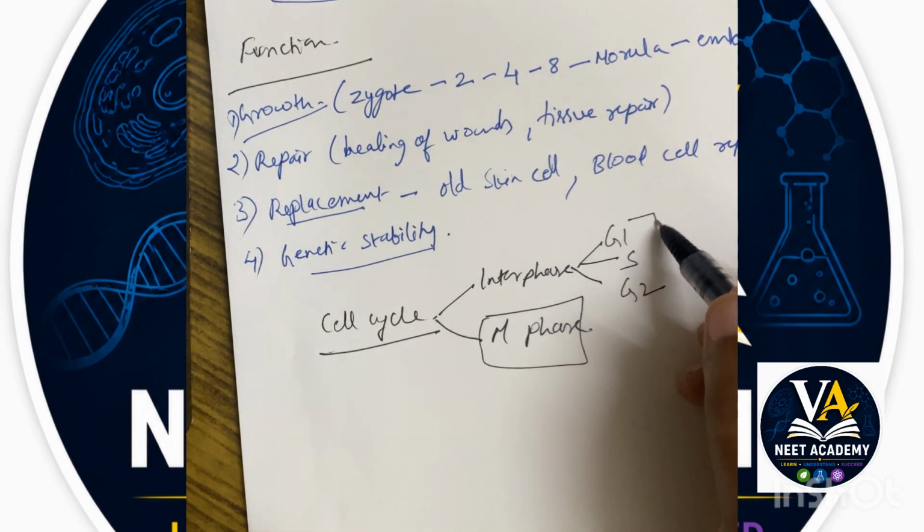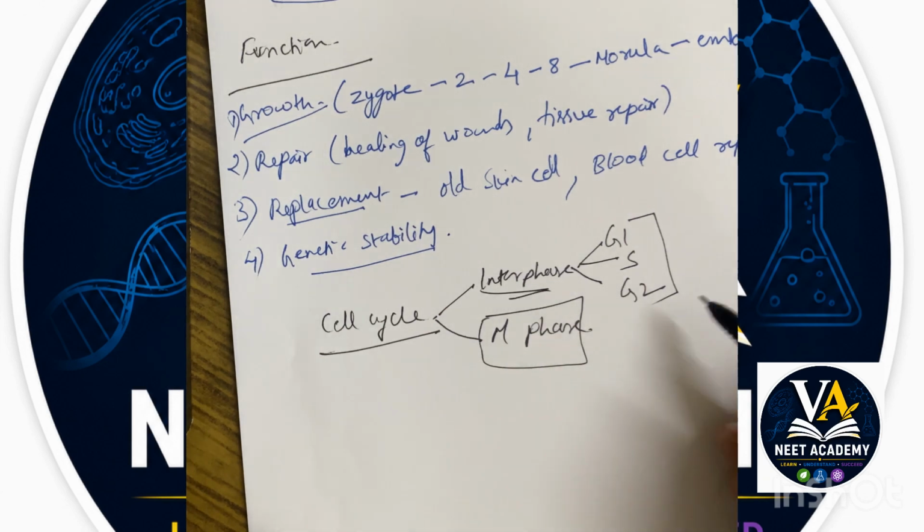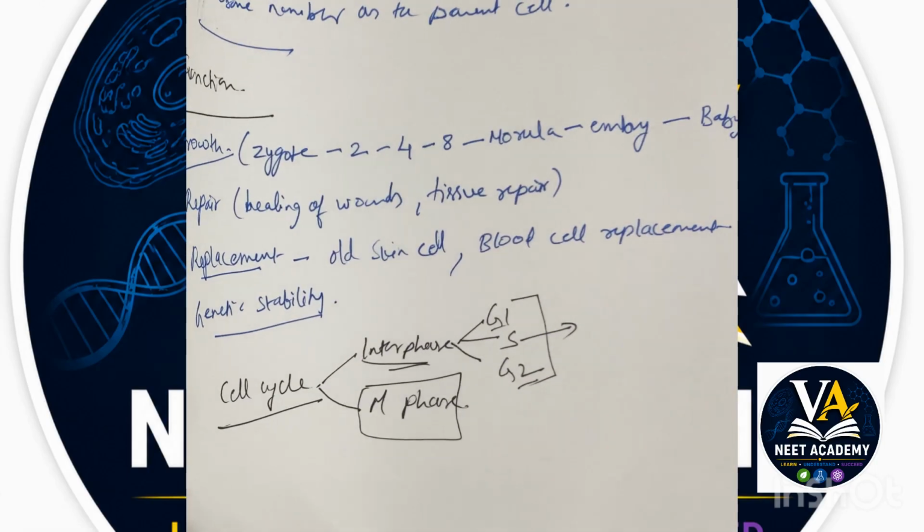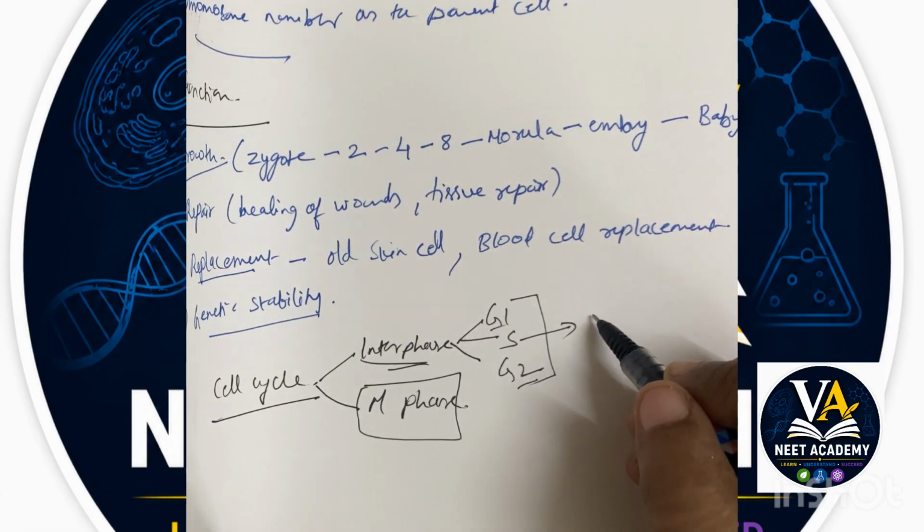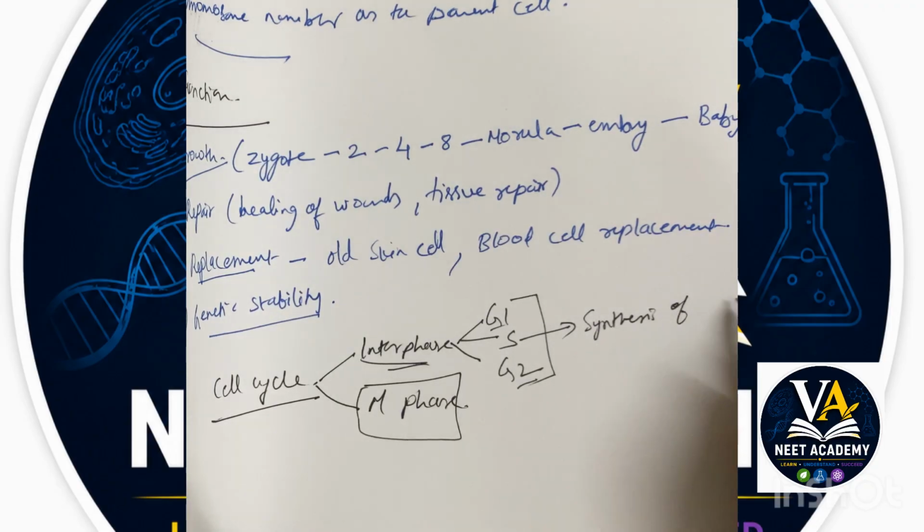So these three together make the interphase. G1 and G2 phases are the preparatory phases. What happens in S phase? Remember what happens in S phase? There is the synthesis of chromosomes, that is, synthesis of DNA.